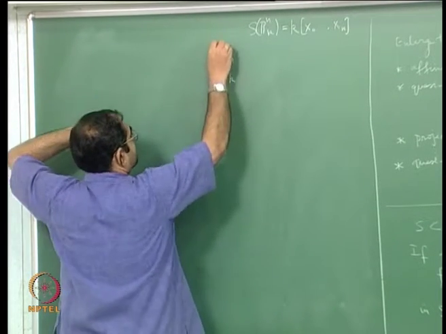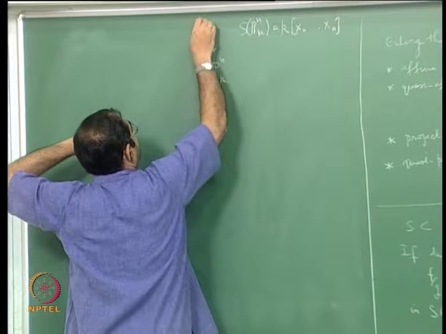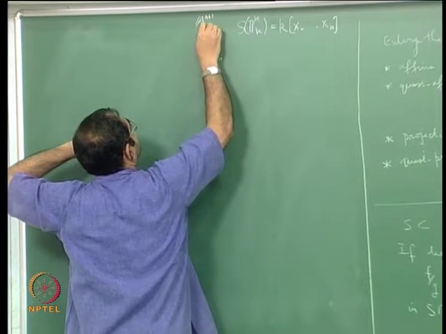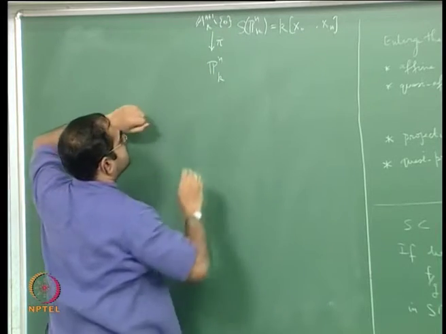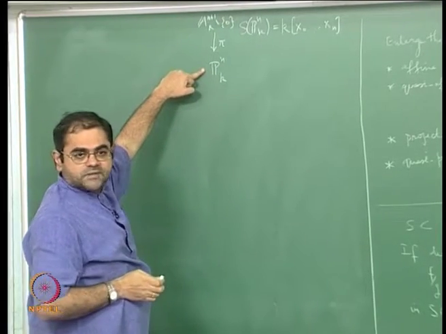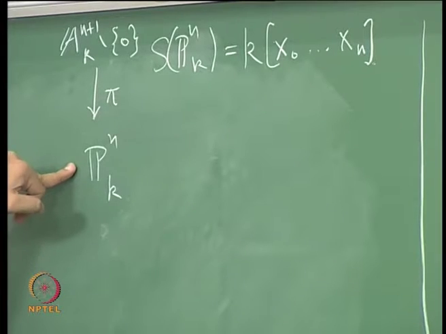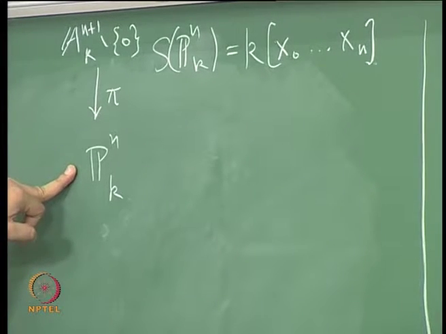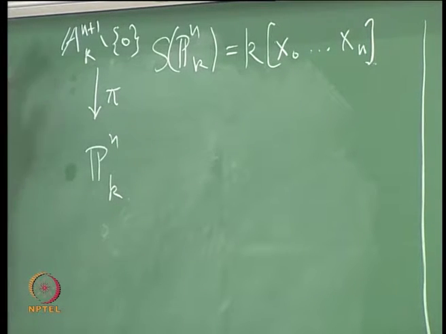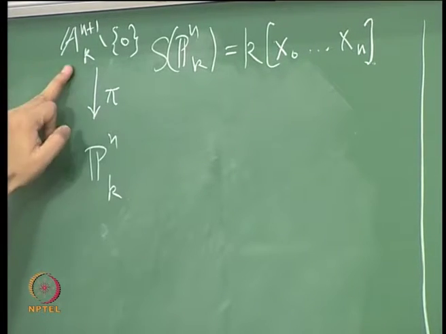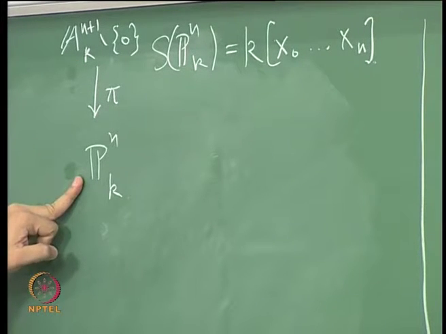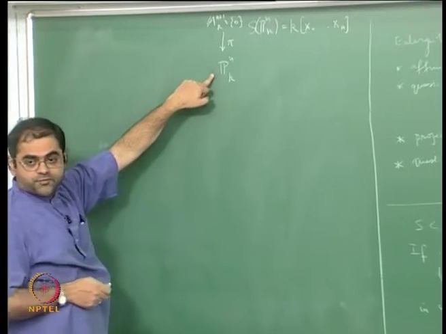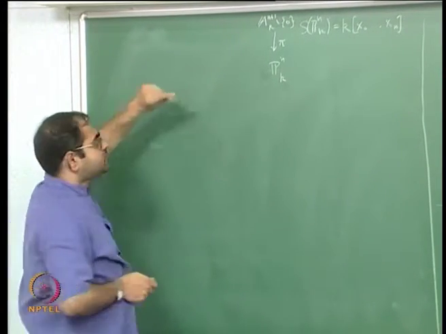So you must remember that there is an A^(n+1) minus the origin, of which the projective space is a quotient by this quotient map, which is the quotient by the equivalence relation that identifies all points on a line passing through the origin in the affine space above. The coordinates here are the xi's, and the corresponding coordinates here are called homogeneous coordinates, because only the ratios are the coordinates.